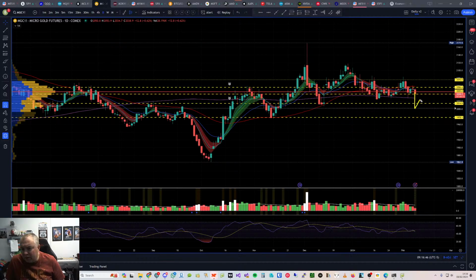Break down below, come back up, retest the 200 in that area, we could look for a short. I think that's the only play I can see. Or if we break over this area here, we can look for a break and retest long. But we do have a bit of resistance above.